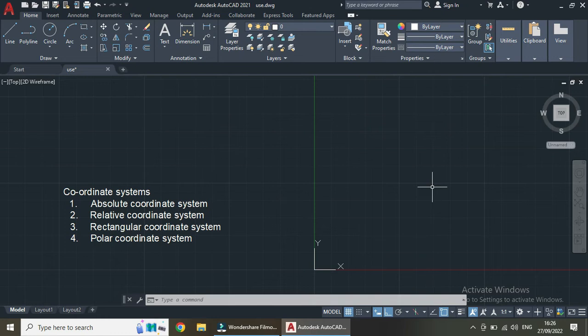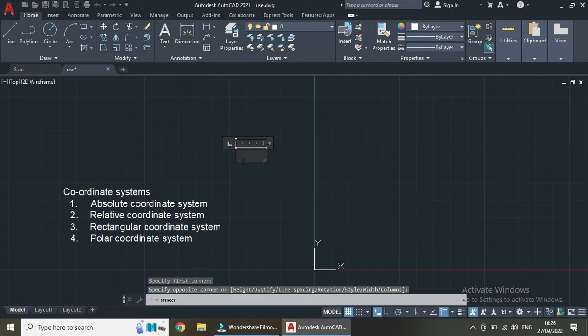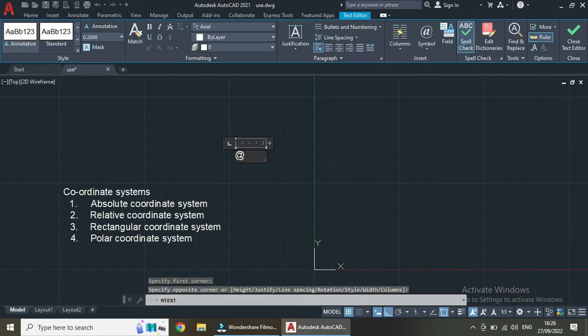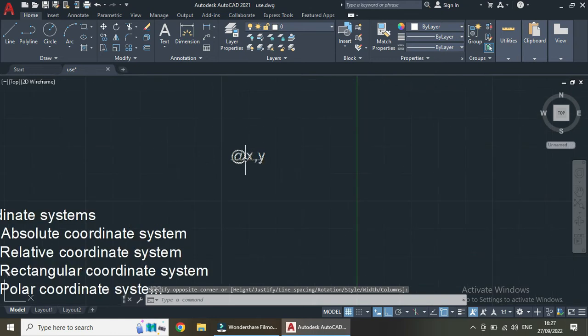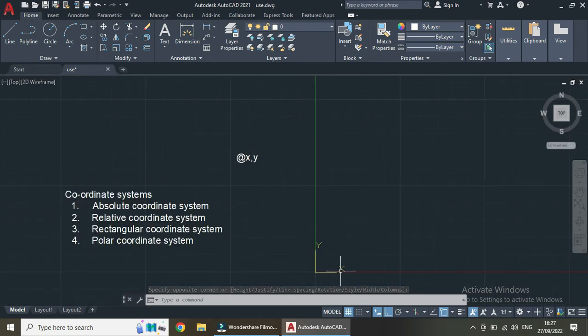So based on the last point entered, for using relative coordinate, first we have to type the @. @x comma y. So this one will be the format for relative coordinate system.